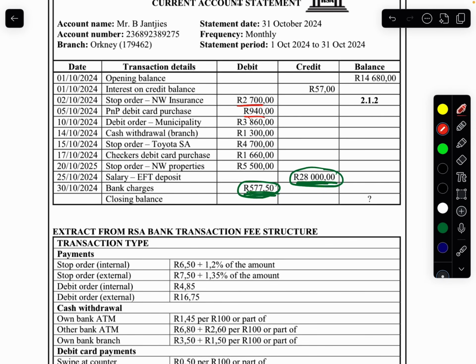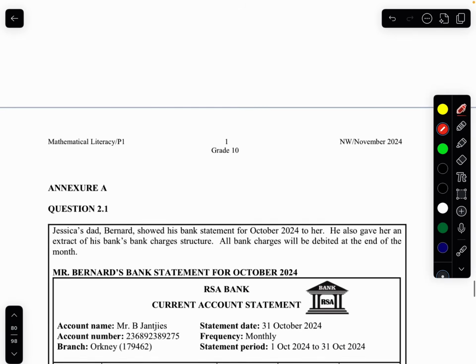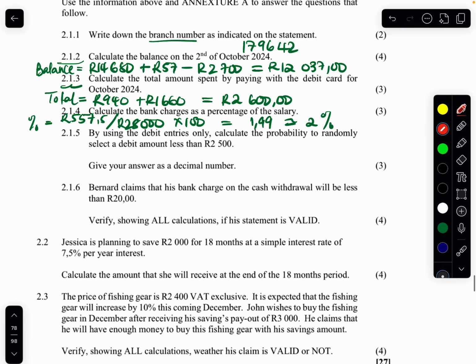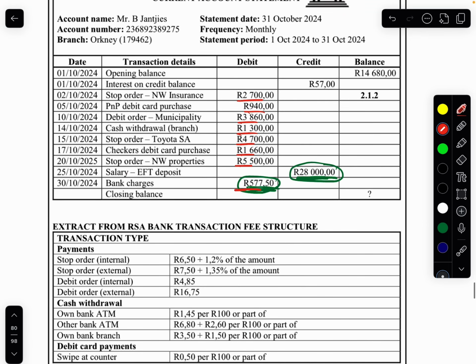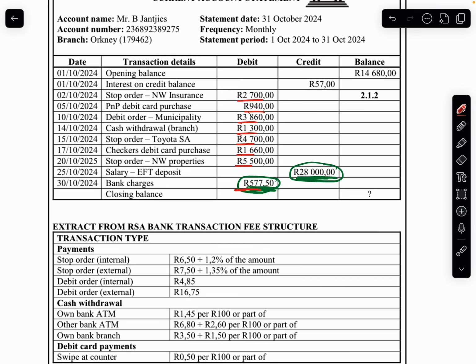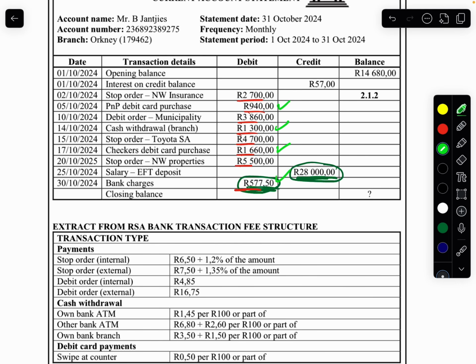It's 1, 2, 3, 4, 5, 6, 7, 8. It's 8 of them. Now, out of the 8, how many are less than 2,500? So, what are the chances of selecting the debit entry that is less than 2,500? So, let's look at the ones that are less than 2,500. It's 1 and 2 and 3 and 4. So it's 4 of them.